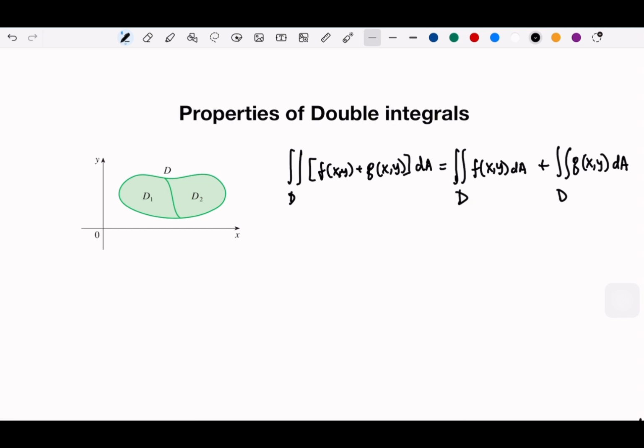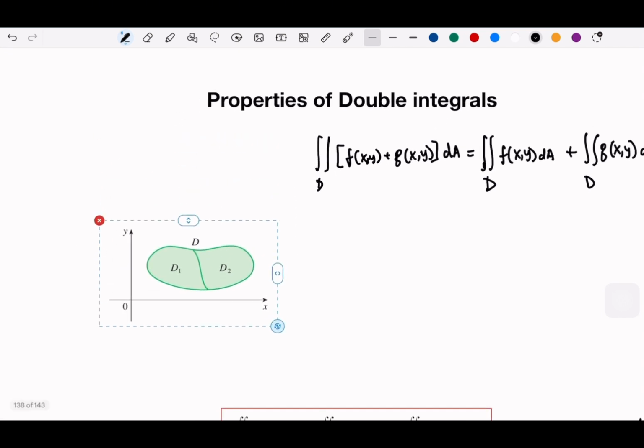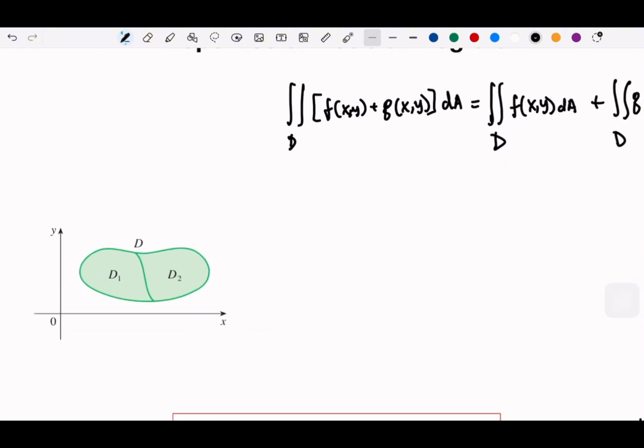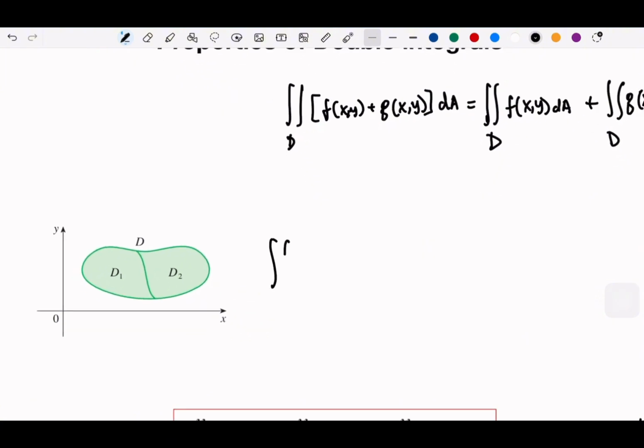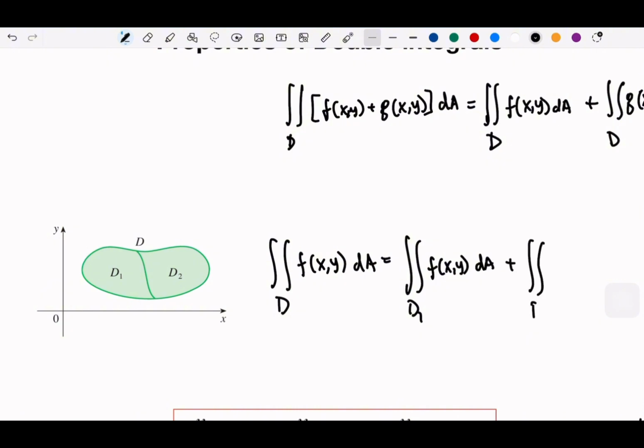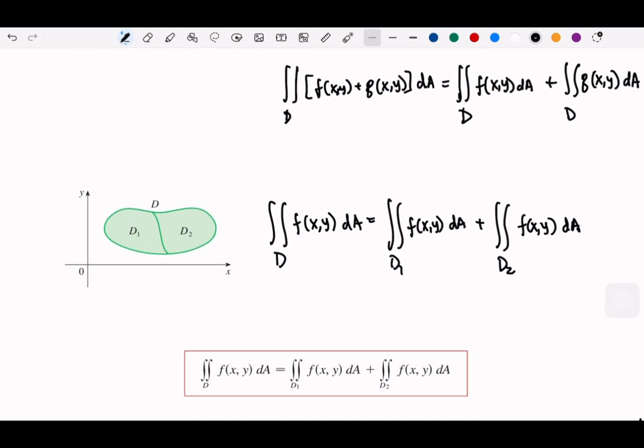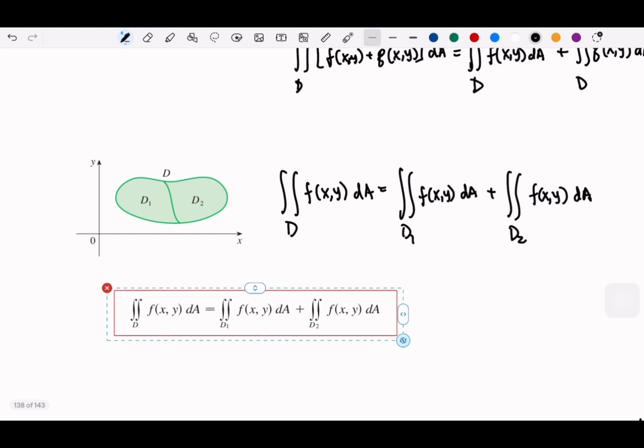To be precise, we can split the function, and then we can also split the D. So split D into D1 plus D2. Oh yeah, already right here.